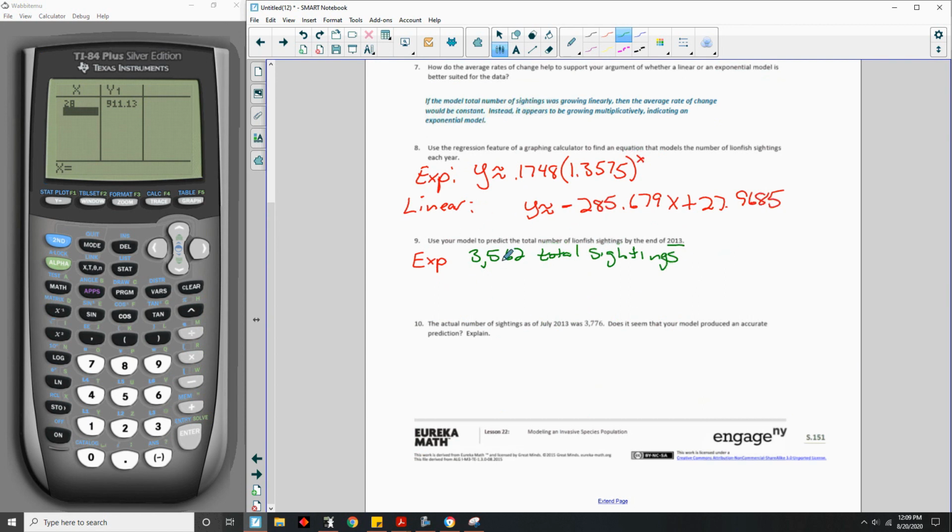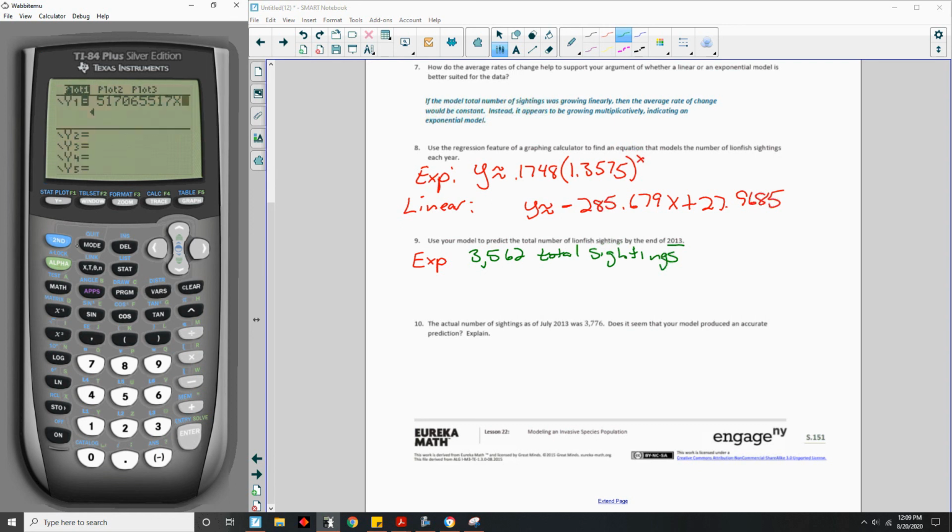Okay, so then it said if we use the linear model now, so let's do that. So let's go stat, calculate 8 for linear, and enter through. And get this. Then go to y equals, clear the exponential, and paste by pressing vars 5 for statistics and EQ.